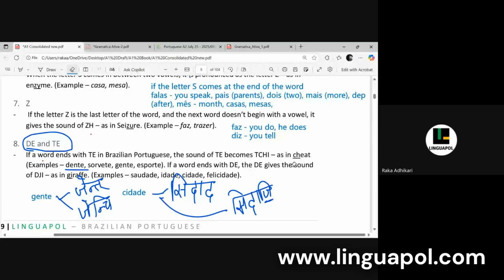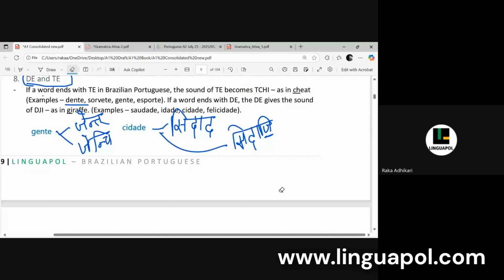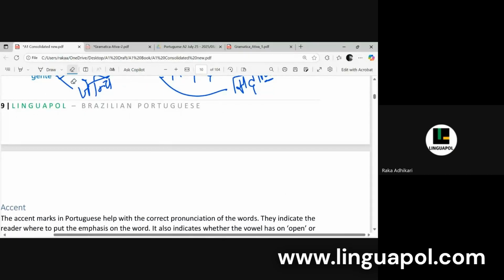Now we have a similar combination which is not there in your book, so I would like you to add this. We have a similar combination that is called the TI and the DI. The combination of TI and DI. Now in this case, it does not have to come at the end of the word.